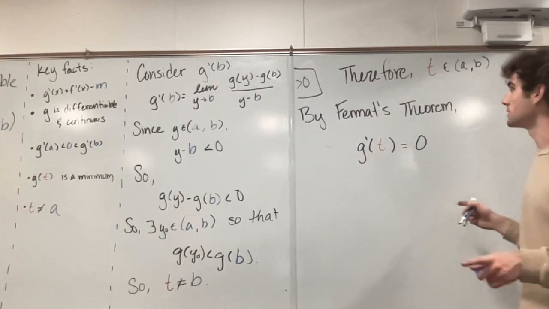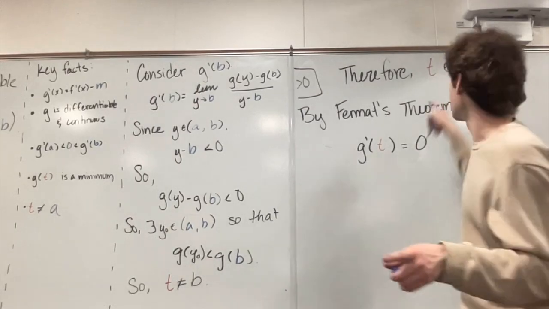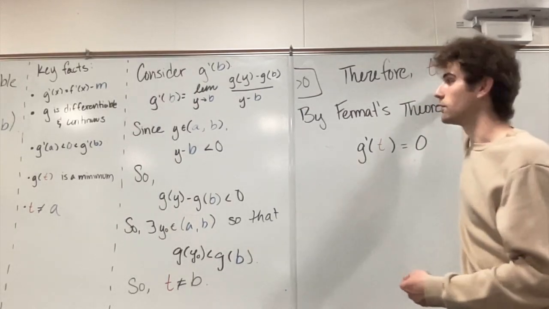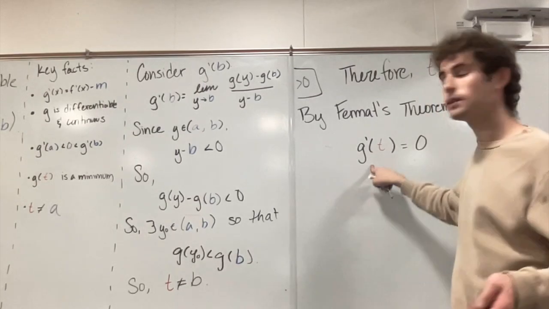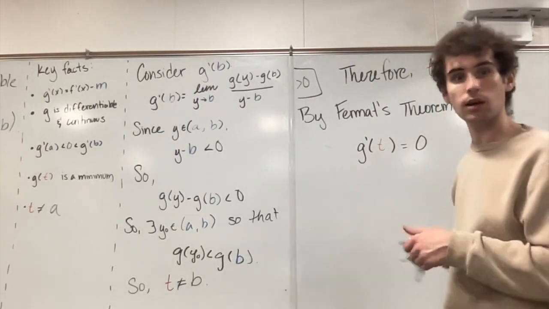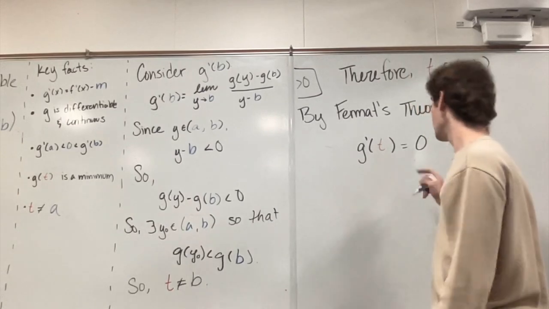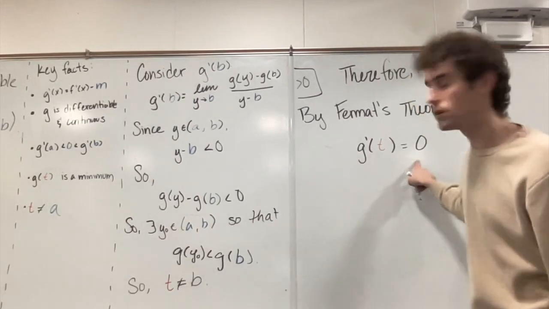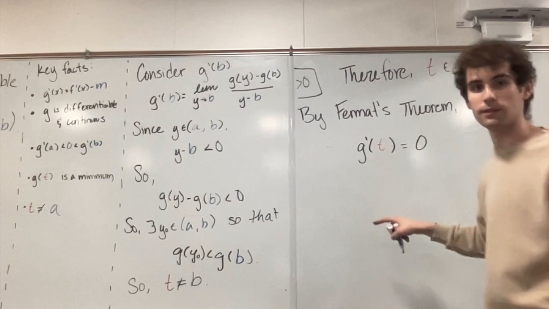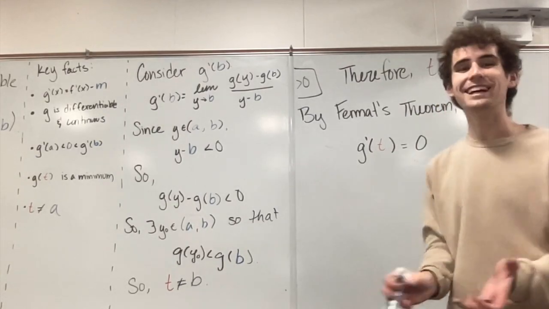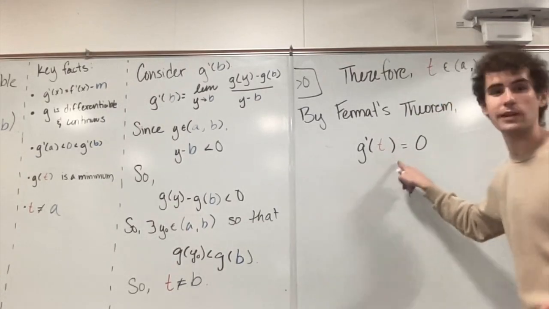So, by Fermat's theorem, because our value is defined on the open interval and our function g is continuous and defined on our interval, we know that g prime of t, the derivative of g, is 0 at its minimum. And that's what we're saying right here.